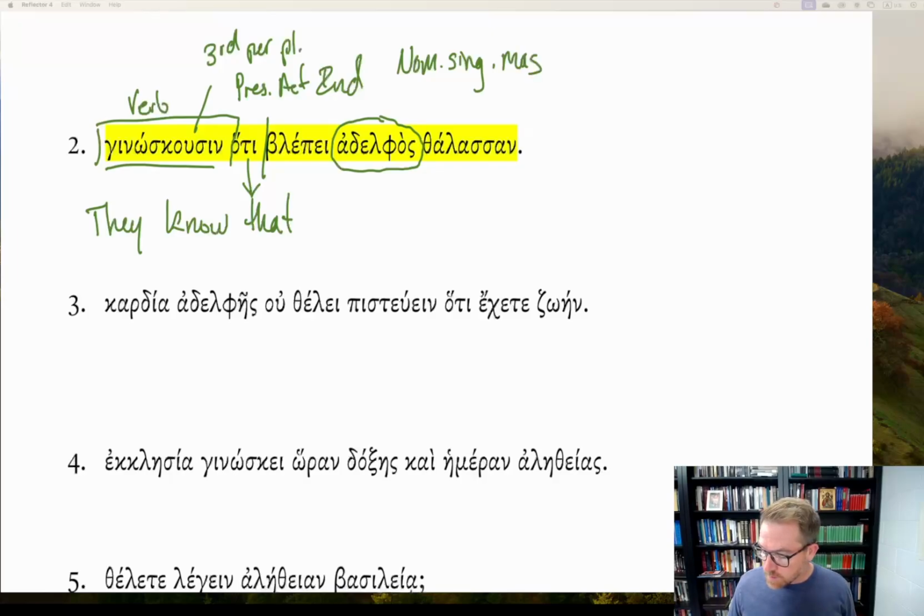And so it's going to be adelphos blepei thalassan. So a brother, blepei, is our verb, and this is third person singular, present active indicative. They know that a brother sees thalassan, sea, or water. So we have another noun.